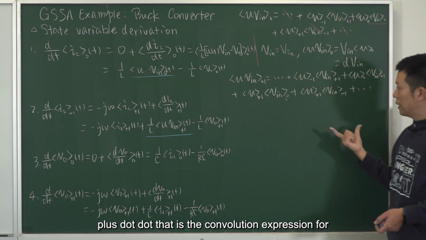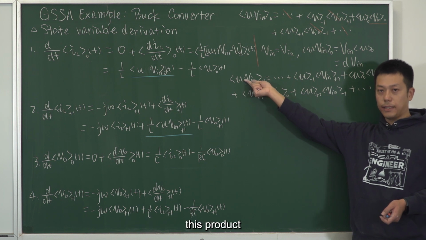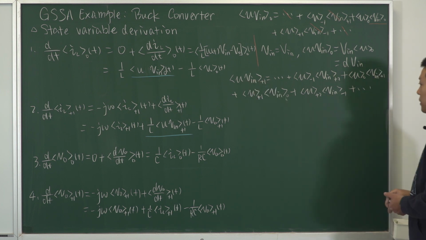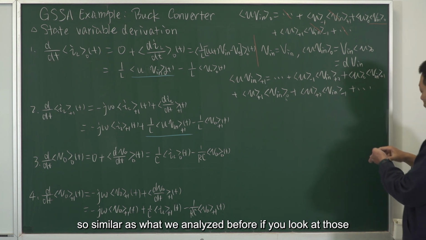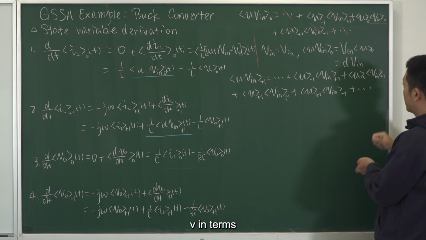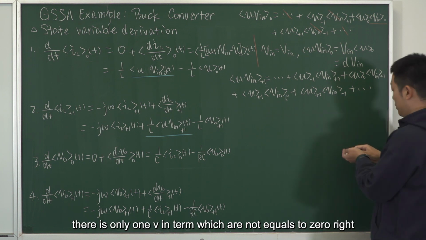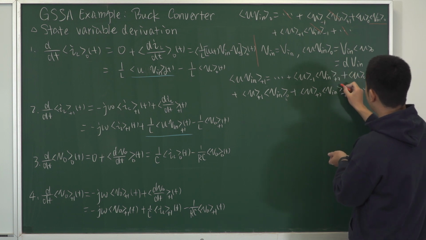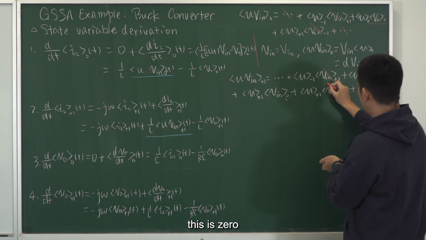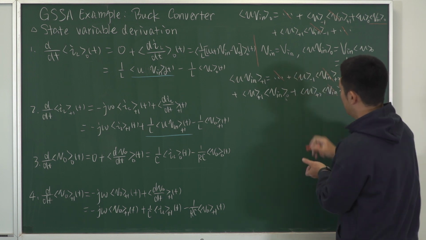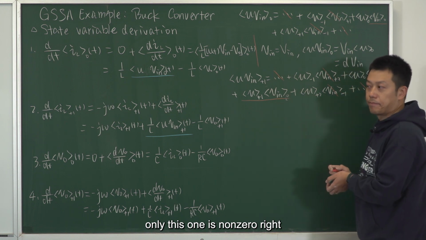That is the convolution expression for this product. So similar to what we analyzed before, if you look at those V in terms, there is only one V in term which is not equal to 0, right? So basically, V in k equals 2 is 0. This is 0. This is 0. These are 0. Only this one is non-zero, right?